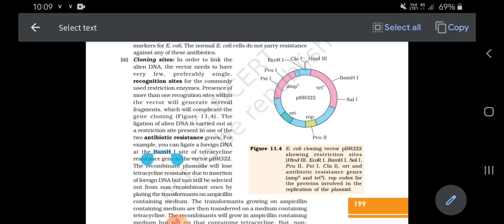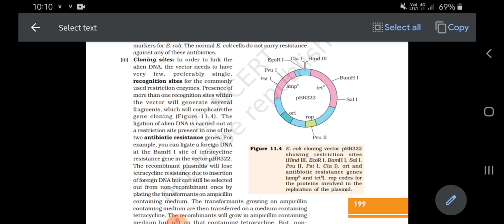More than one recognition site within the vector can complicate the process of gene cloning, as it will generate several fragments and the desired gene will get confused about where to get joined. Ligation of the foreign DNA can be carried out at a single restriction site present in one of the two antibiotic resistant genes.